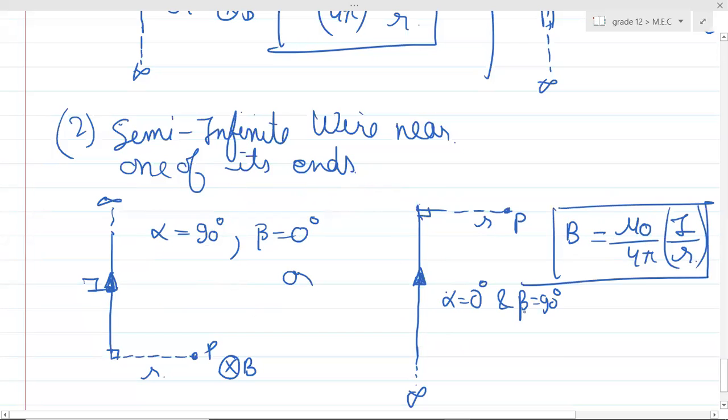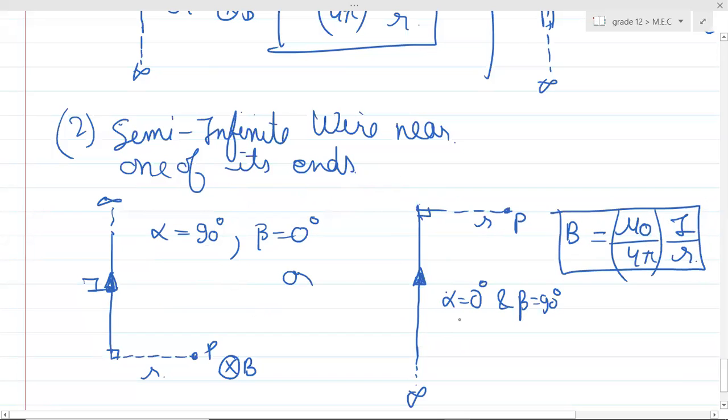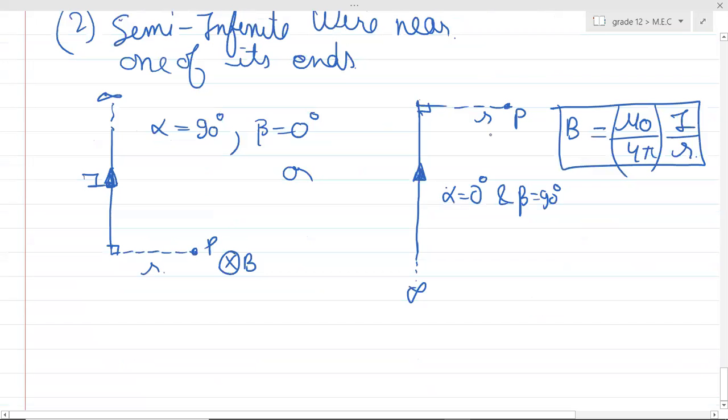In both these cases this will be like this. Here also the direction will be into the plane. So what happened in the analogy? What happened in electrostatics?